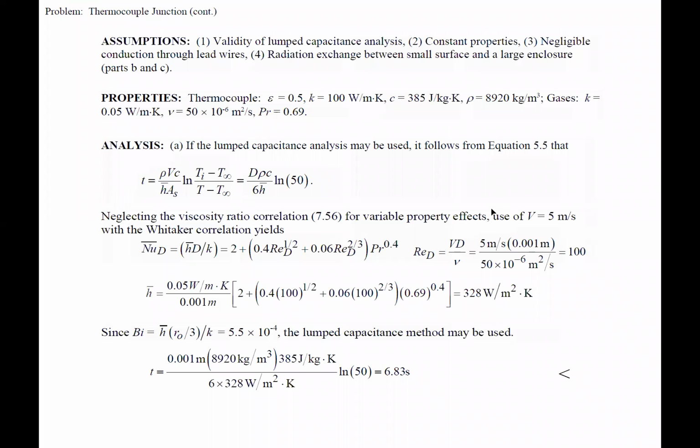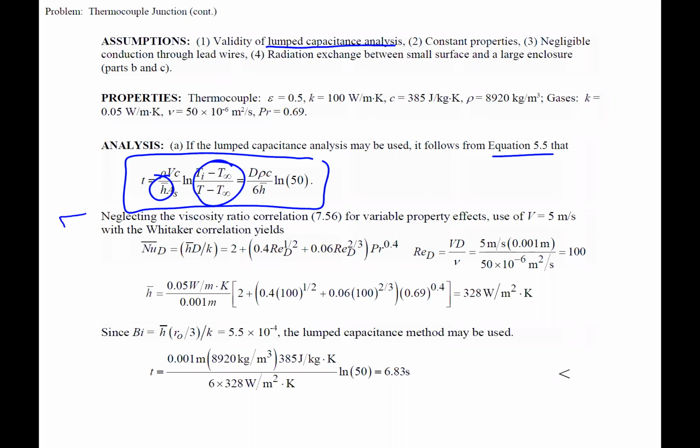All right, so A ends up being actually a Biot number, a lumped capacitance analysis, okay? So we're using the equation of lumped capacitance to get that time, because we're looking at 98% of that temperature, okay? We plug in all the parameters, and in chapter 5, the problems would give you the convection coefficient. So basically now, we're solving for that convection coefficient.